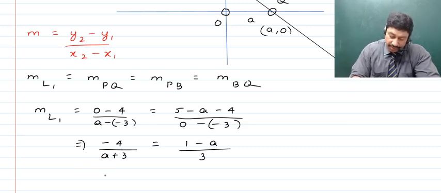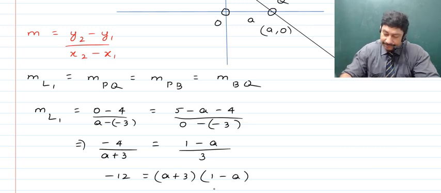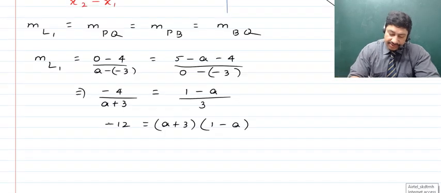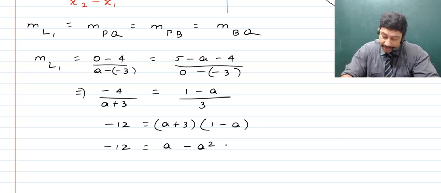So here further we will have minus 12, right, which will become equal to A plus 3 multiplied with 1 minus A. Now next children, what we do is we can now write this to be minus 12 is equal to the product of both of these binomials, which will give us a minus a square plus 3 minus 3a, right?